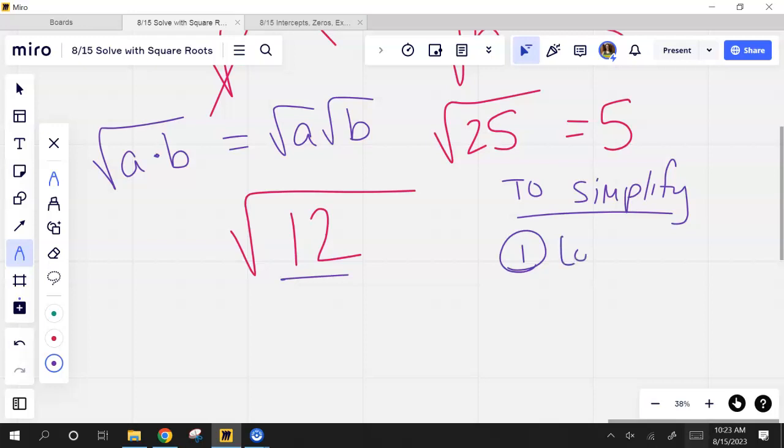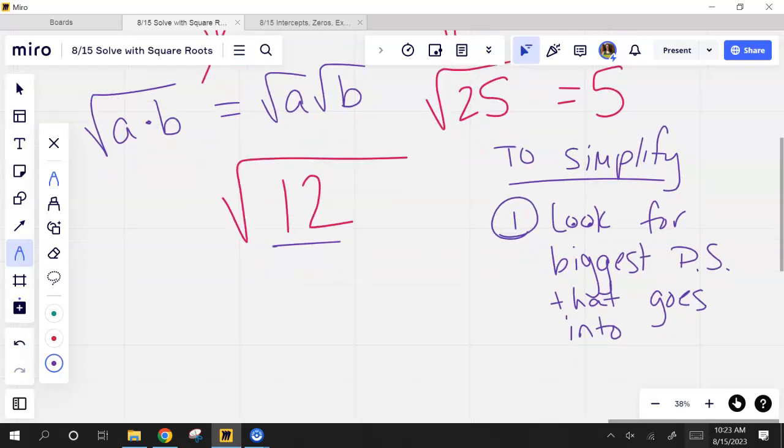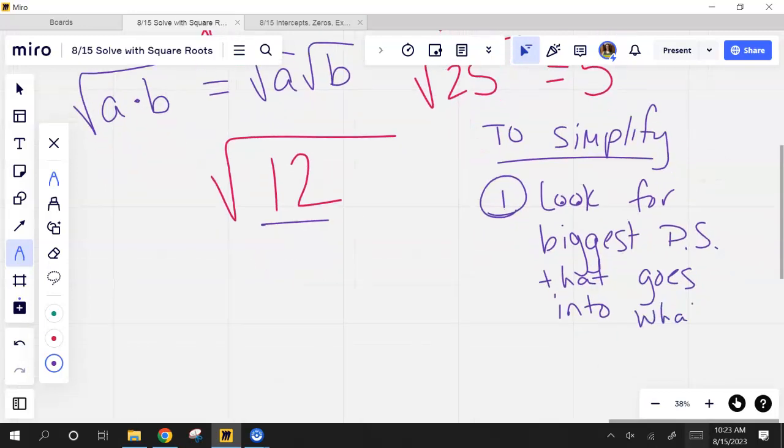So we're going to look for the biggest, if I put PS, you know what I'm talking about? Perfect square. The biggest perfect square, I'm going to say that's a factor, or that goes into what's under the radical.